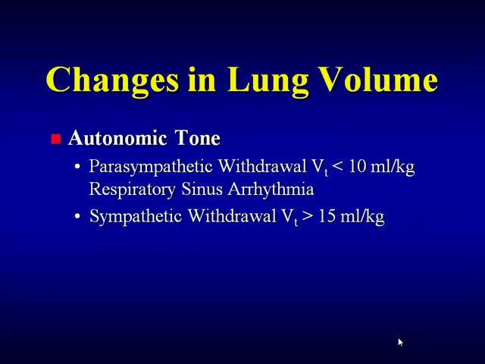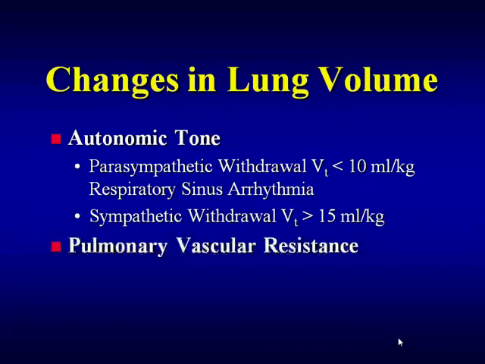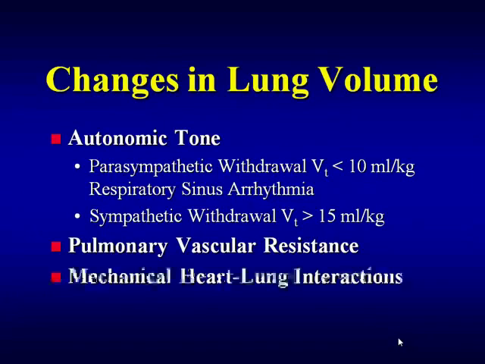And you know that as respiratory sinus arrhythmia. But if you have really large tidal volumes, you also get sympathetic withdrawal, and that causes myocardial depression. The second effect of changes in lung volume is that they alter systemic vascular resistance. And finally, if the lung volume gets too big, the heart gets compressed within the cardiac fossa, and this causes mechanical heart-lung interactions.